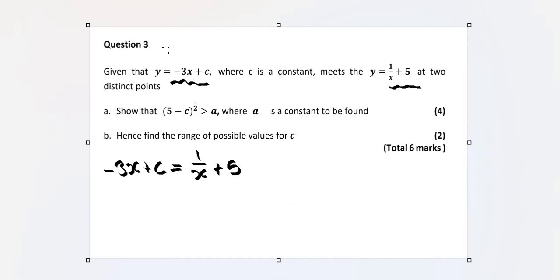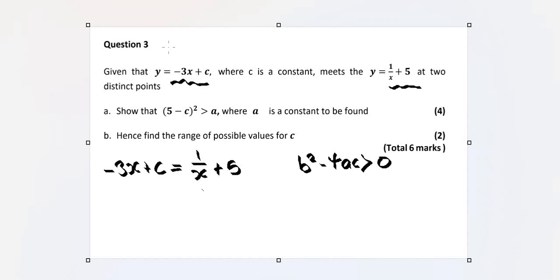Now it tells us that (5 minus c) squared is greater than a, and it meets at two distinct points. Well, what has two distinct solutions? That's if b squared minus 4ac, our discriminant, is greater than 0.